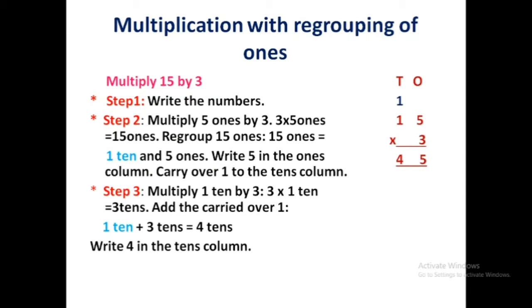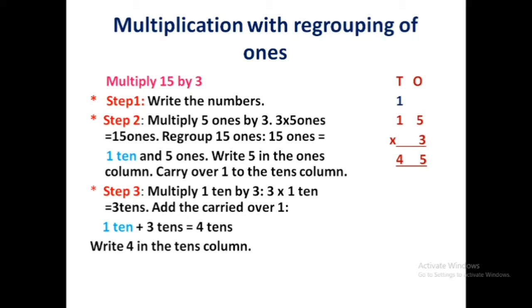Next, let us see how to multiply two-digit number with regrouping of ones. Let us multiply 15 by 3. We have to write the numbers first, 15 into 3. Begin multiplication from the ones place.